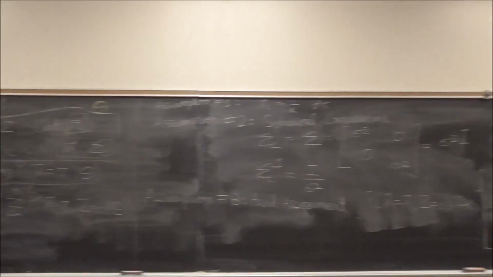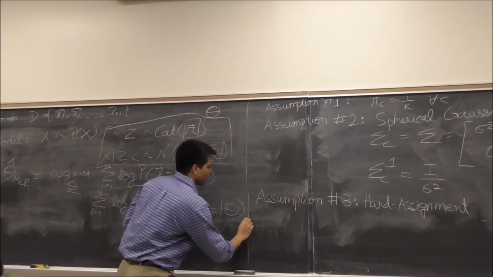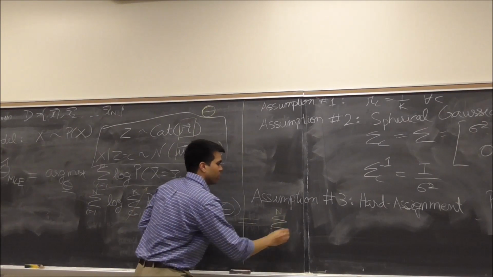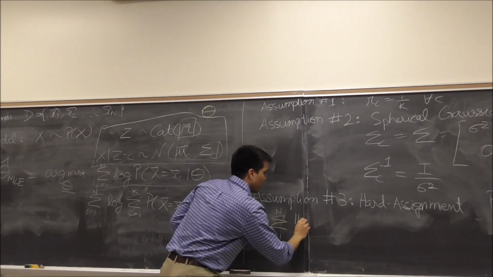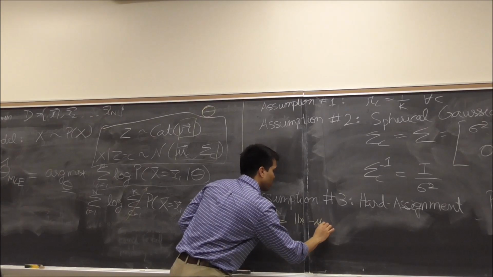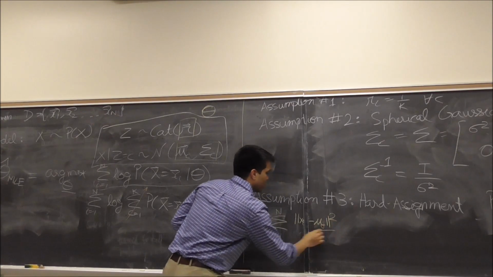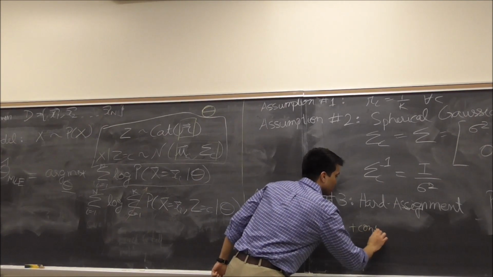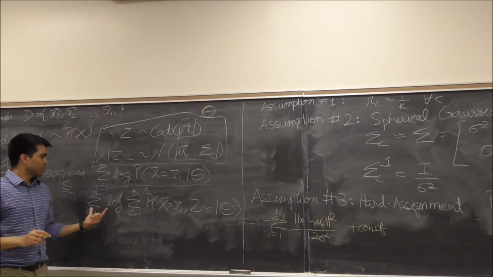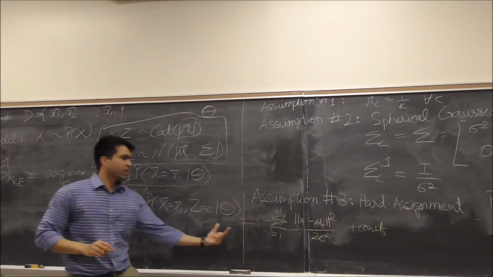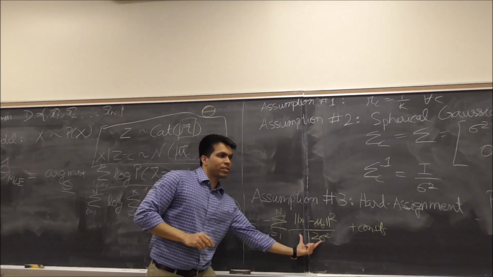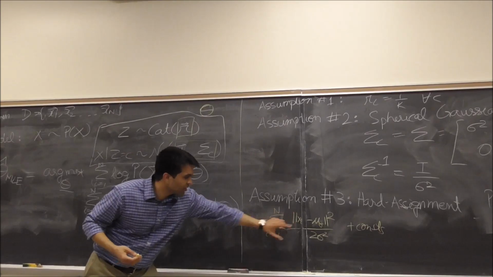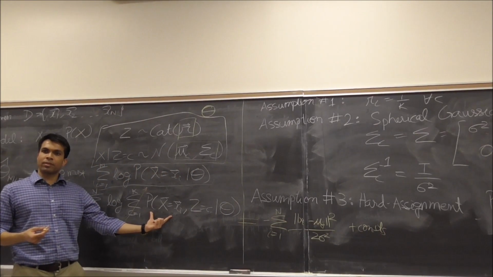You've made that assumption, and under all those assumptions, you can easily show that this is equal to summation of i equals 1 through n of norm of x_i minus mu_j squared divided by 2 sigma squared. There's a negative here plus some constants. This summation of log probability is the same thing as summation of negative distances. And therefore, k-means, which is an algorithm for minimizing this, maximizes that. Does that make sense?